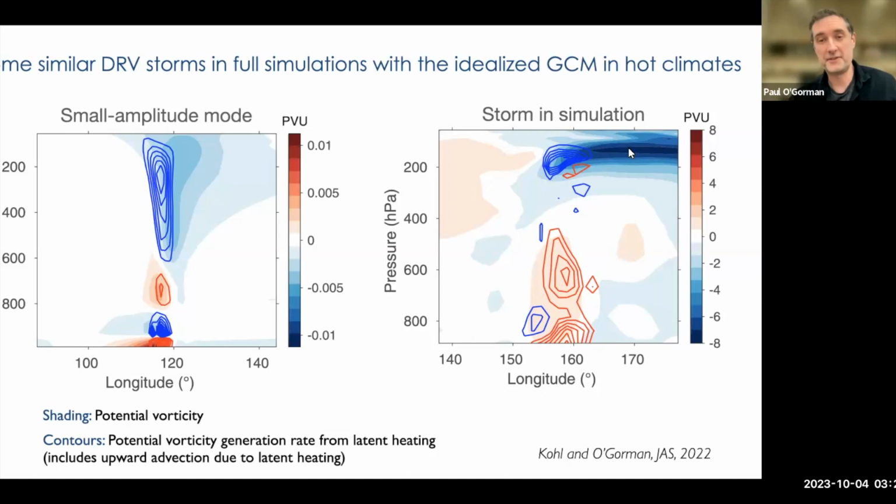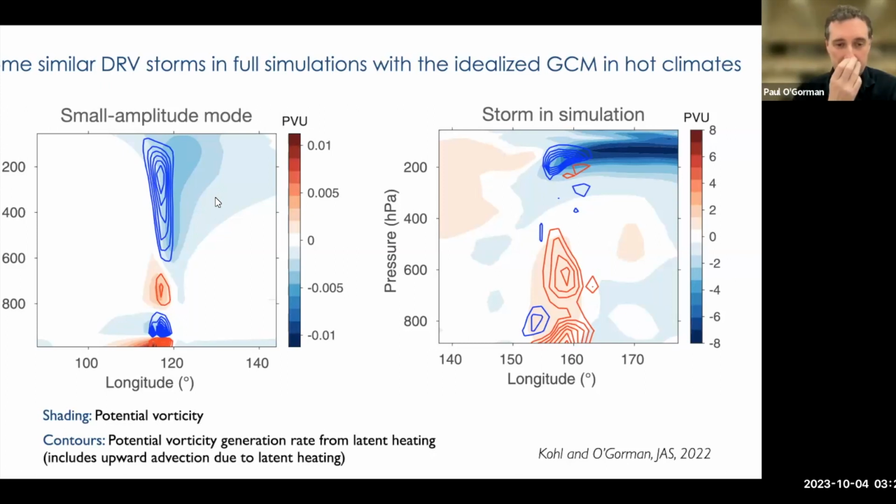But there are also some differences. The biggest one is that the blue negative PV, the anticyclonic PV, is much smaller in extent than what you see in the small amplitude mode. So the generation is much smaller in extent, plus the PV itself. What's going on here? Well, here's something I probably should have mentioned earlier.